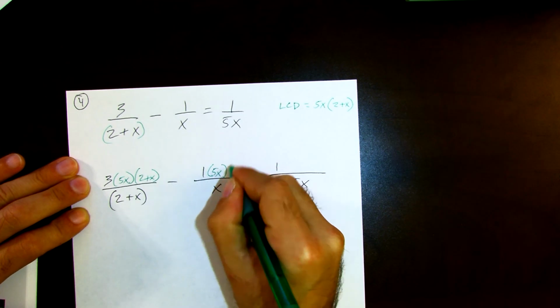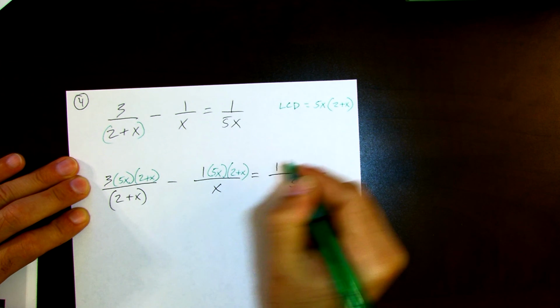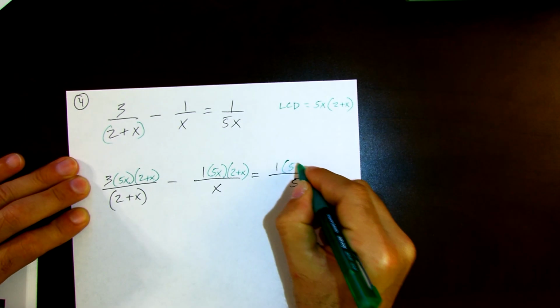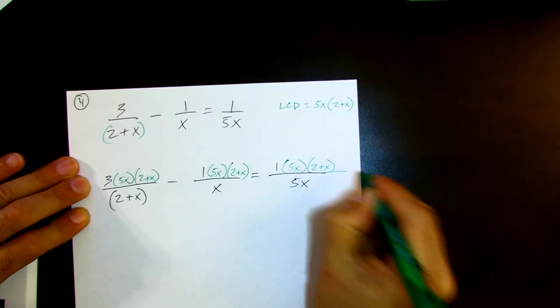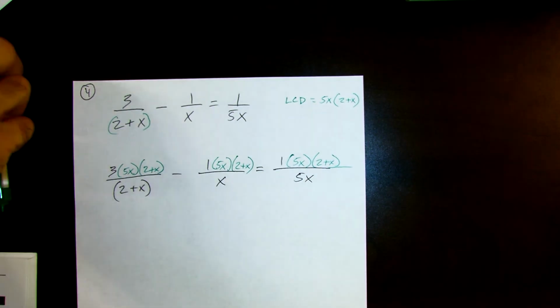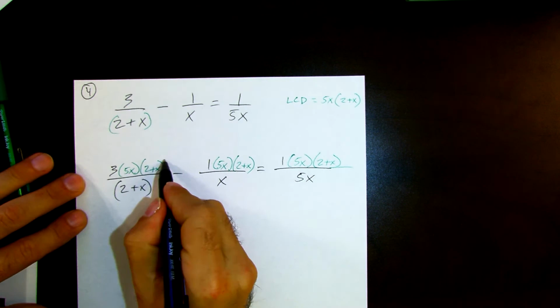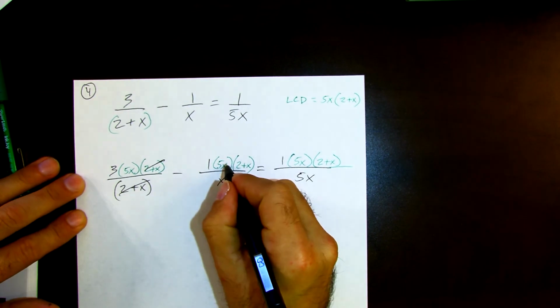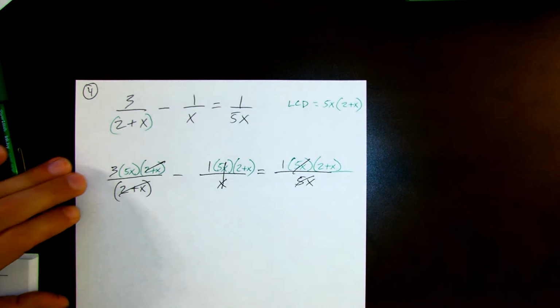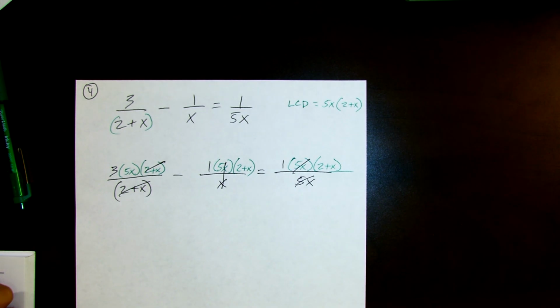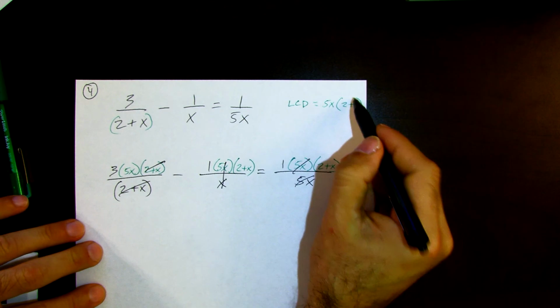Now, it's going to cancel out a lot of this. And the reason we're doing this is to get rid of our denominators. You see, look what's going to happen as I go in my next step. X and x, out. 5x, 5x, out. Look at this. We've gotten rid of all the denominators just by using the LCD.